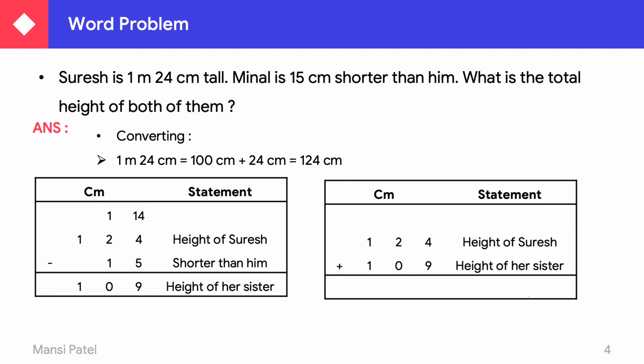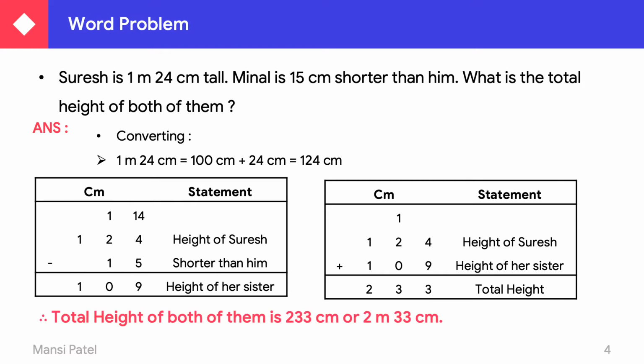Now 4 plus 9, 13. 3, 1 carry, 2 plus 1, 3 and 1 plus 1, 2. So we can say that the total height of Minal and Suresh is 233 centimeter, or we can say 2 meter and 33 centimeter.